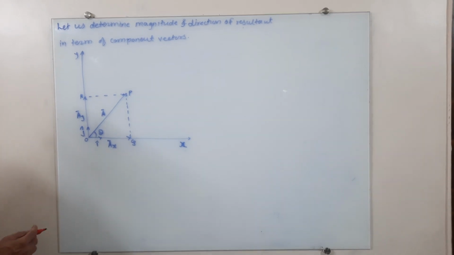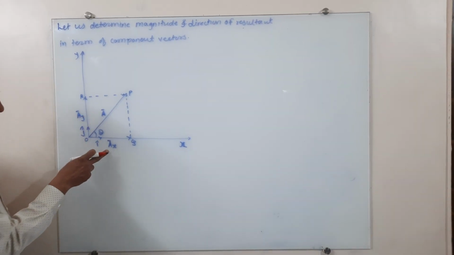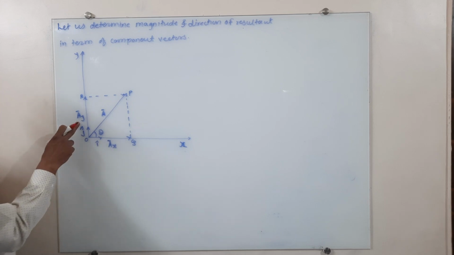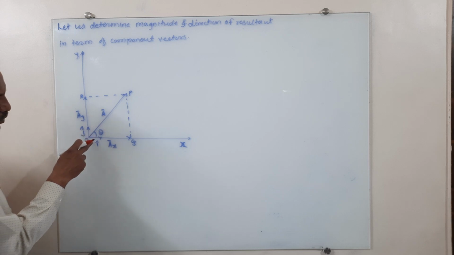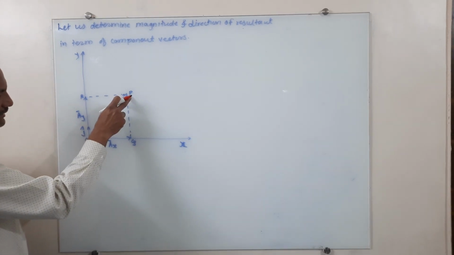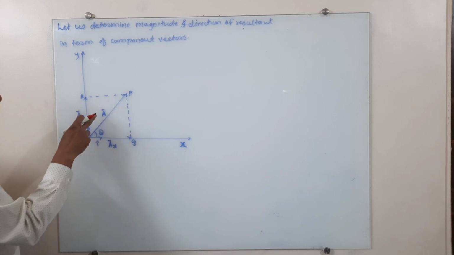Let us determine the direction of A bar in terms of AX bar and AY bar. Therefore, in triangle OQP, this angle theta represents the direction of A bar.